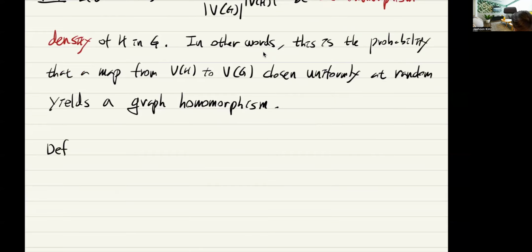And regarding this homomorphism density, there is this famous conjecture called the Sidorenko conjecture.